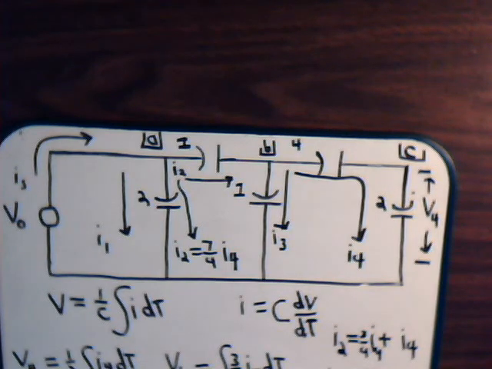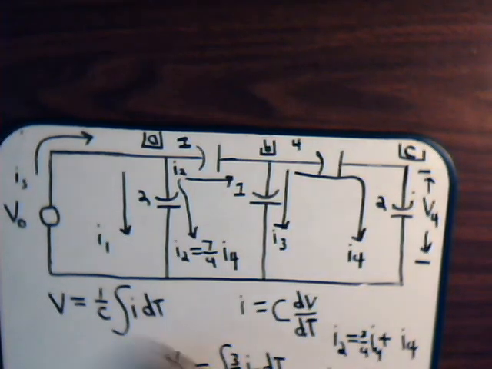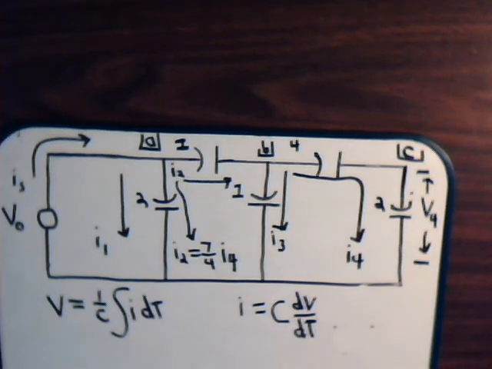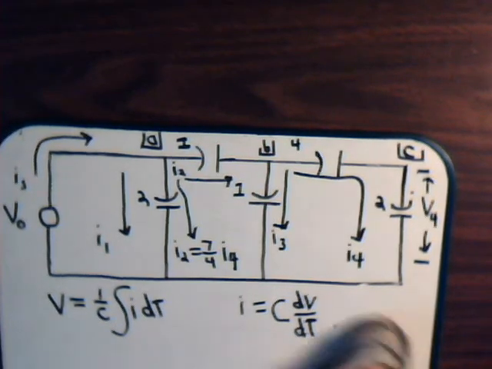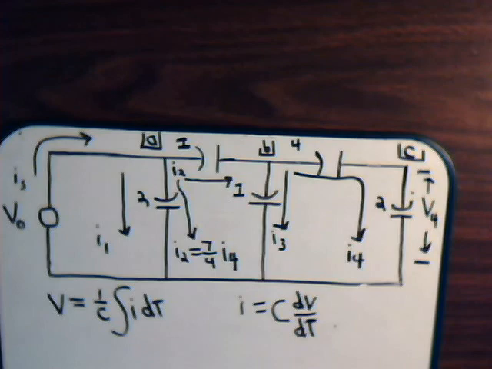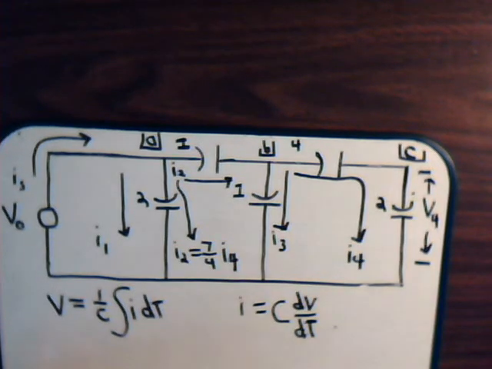So let's write this down. All we're saying is, it probably sounds more complicated than what it is, VA equals VB plus VAB.